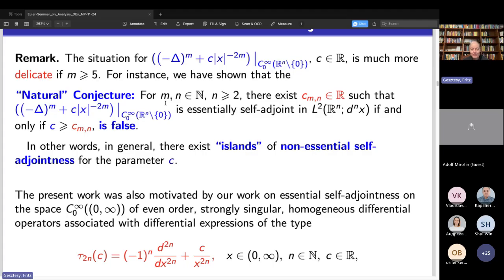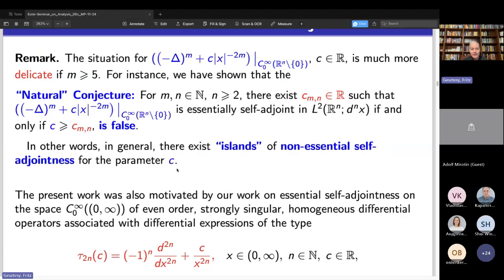But I just want to point out it can happen that you get islands of non-essential self-adjointness with respect to the parameter C. So in the counterexample where m is 5 and n, the dimension, is 20, we have an interval from 0 to some number alpha, and then a gap, and then an interval from another number beta all the way to infinity.